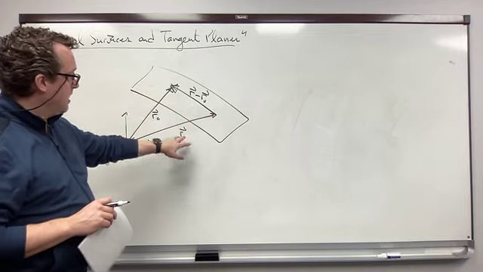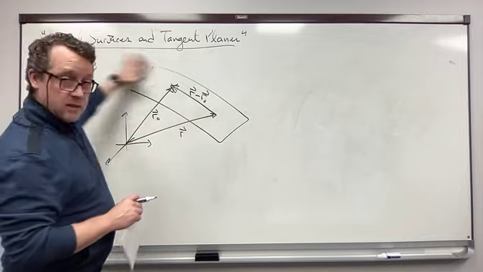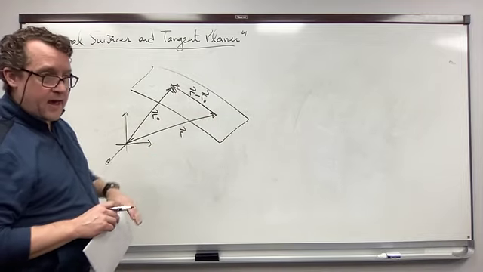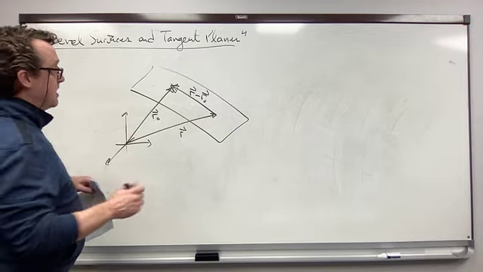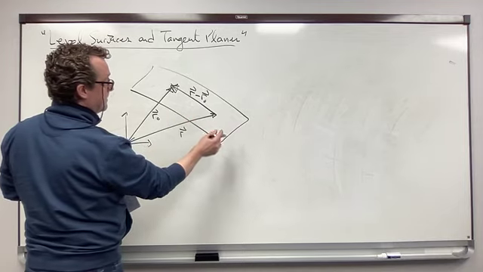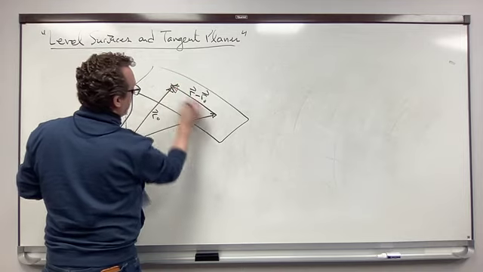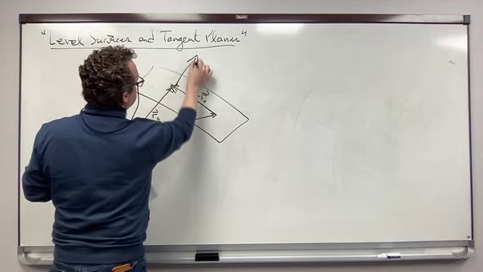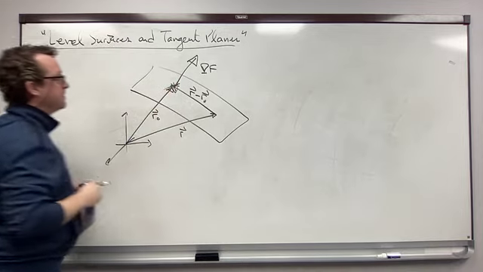This vector R minus R0 is then in the plane, and we're going to use that to define the plane. Basically, if this vector is in the plane, then no matter where it is, I want it to be perpendicular to the gradient of f at this point R0.